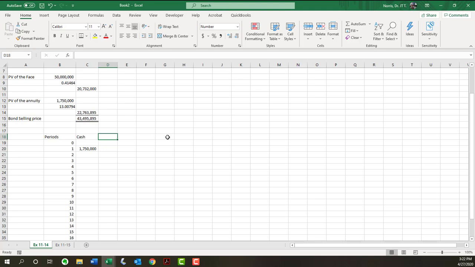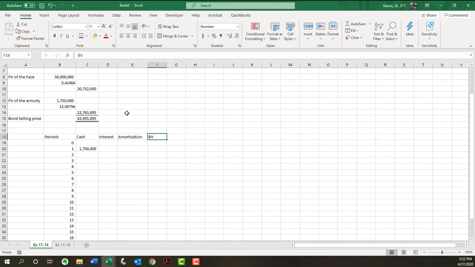Then we're going to have interest expense, a difference, so we have amortization, and then we have book value.